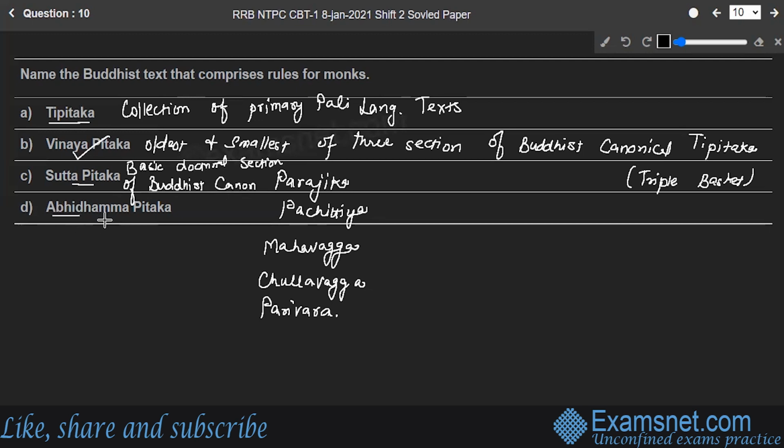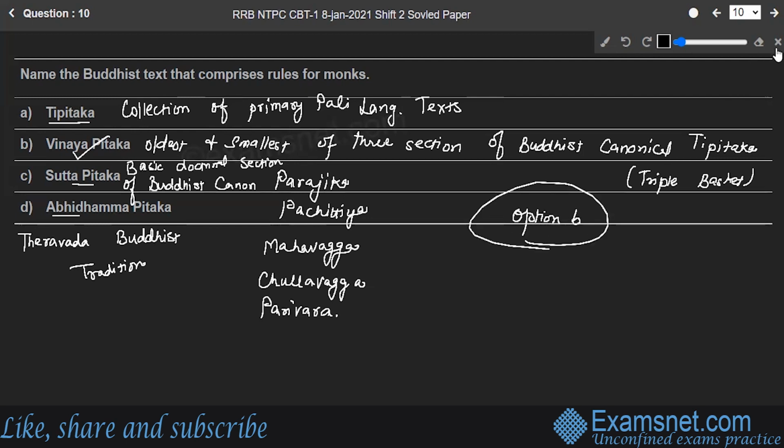Then Abhidhamma Pitaka is a collection of canonical text in Theravada Buddhist tradition. Together with Vinaya Pitaka and Sutta Pitaka, it comprises Tipitaka, the 3 baskets of canonical Theravada Buddhist text. So option B is the correct answer to the question, Vinaya Pitaka.